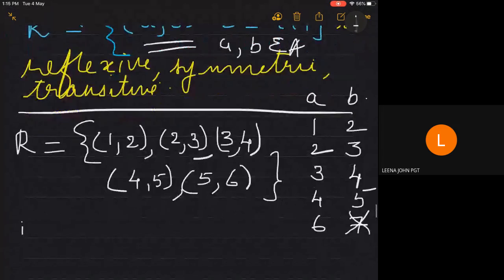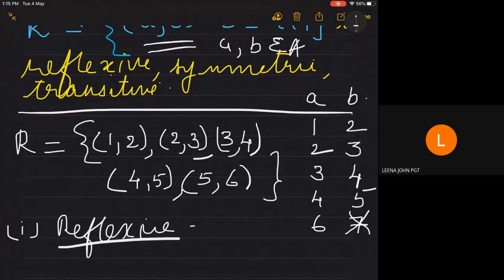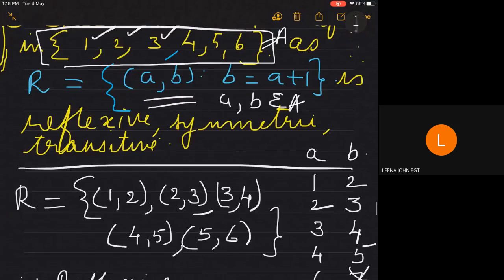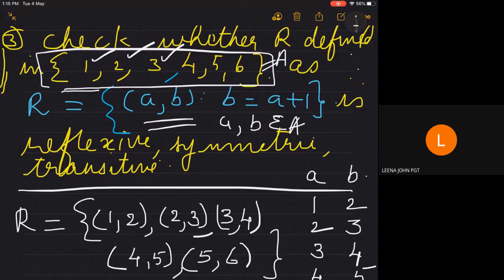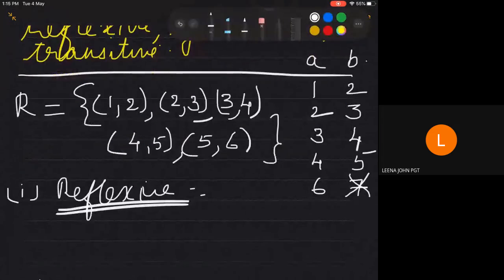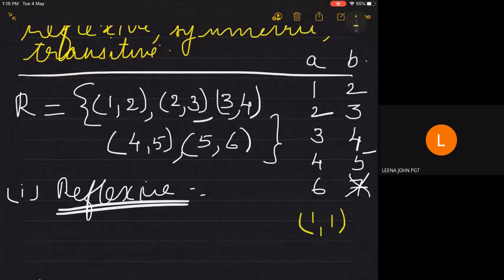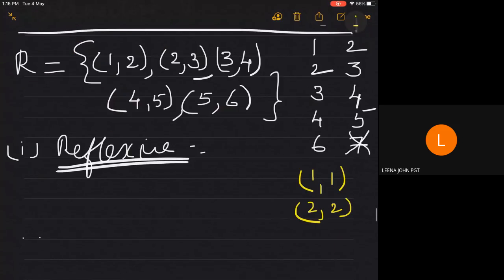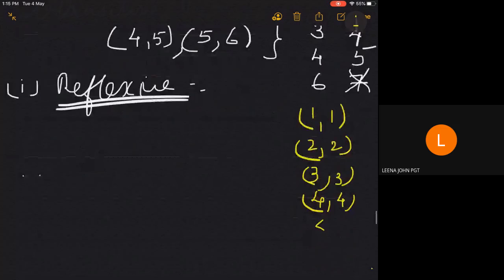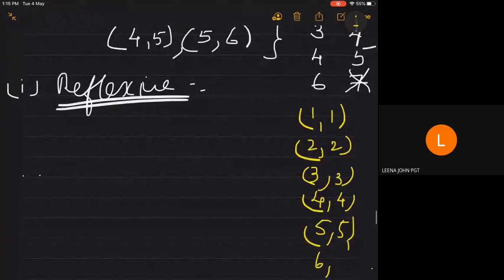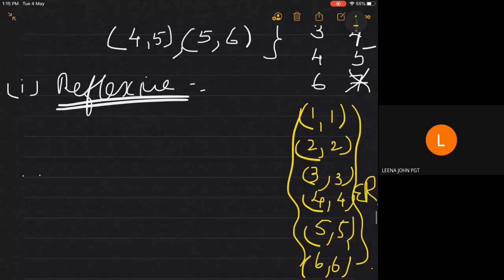Now first you have to check whether it is reflexive or not. To check reflexive, what do you need to check? You have to check that every element of the mother set is related to itself. That means you need to check whether 1 comma 1, 2 comma 2, 3 comma 3, 4 comma 4, 5 comma 5, 6 comma 6, all of these must be present in R. Only then will R be reflexive.